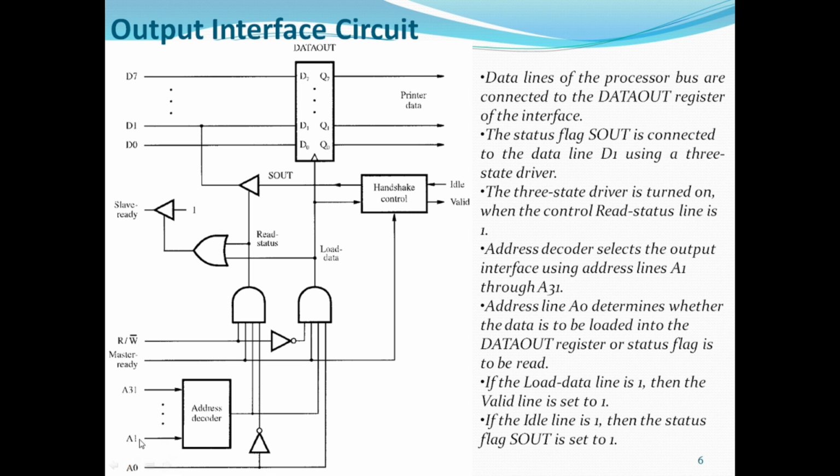A represents the address lines and D represents the data lines here. And the difference between the input and the output interface circuit is the handshake control, which is meant for performing the handshake task, a kind of control task.